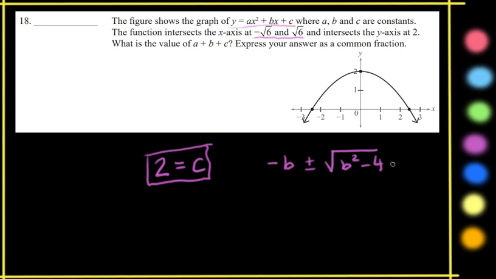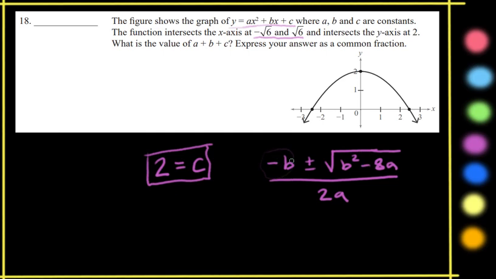Now, we already know c is 2, so why don't I just write 8a for that, all divided by 2a. Okay, so we can split this into two parts. There's the constant part over here, and then the part that's plus or minus, the radical part, the discriminant part.